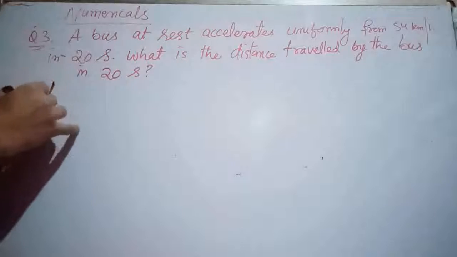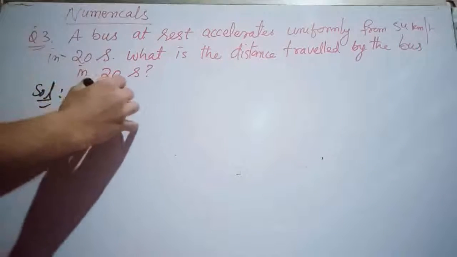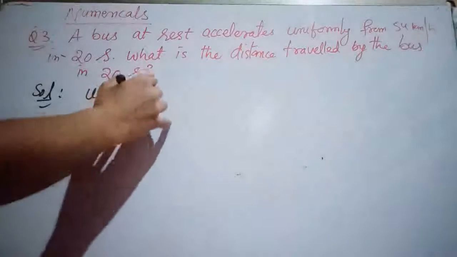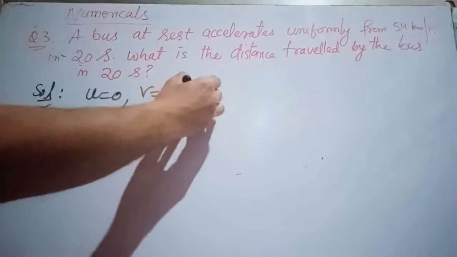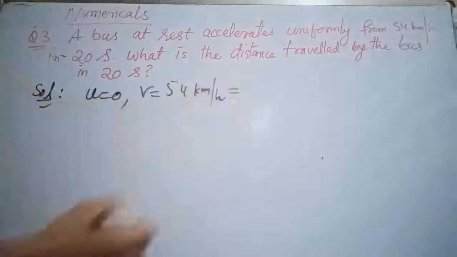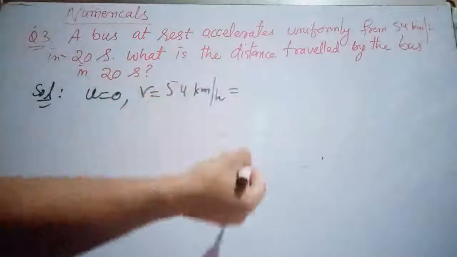So I can write in solution, u is 0, and v here is given, which is 54 km per hour. If I convert this into meter per second, this comes out to be equal to 15 meter per second.